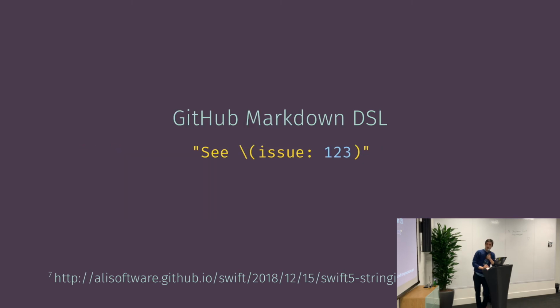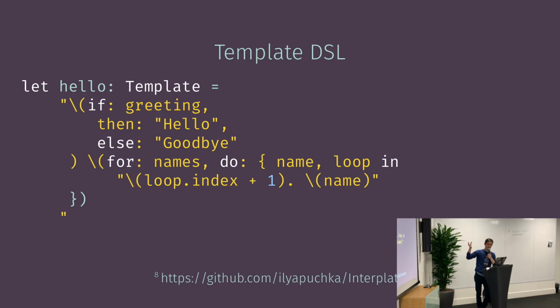Or we can implement very special cases like a GitHub Markdown DSL, where we can define helpers for issues, users or pull requests, which will be replaced with specific Markdown syntax at runtime. Or we can even go a bit further. We can define our own template DSL, and then we don't need any template languages like Stencil or Vapor templating languages. Basically, Swift is your templating engine. You just need several helper methods, and you're good to go.